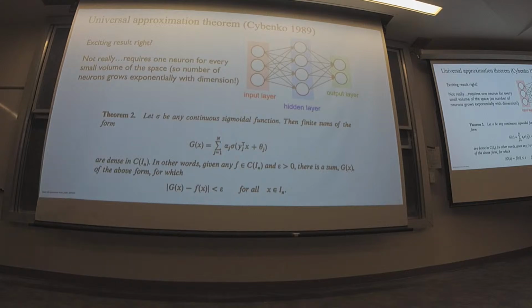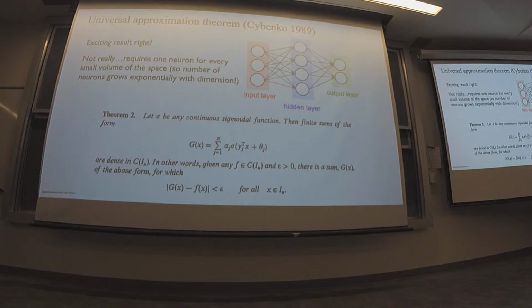Because the way this approximates these functions is that for each one of these wiggles, it's trying to fit in the perfect step function. So you're dividing the space up into these step functions, and you're going to need a couple of units in your hidden layer for every single one of these wiggles. If you have a very wiggly continuous function, then you have a hidden layer that's very high dimensional.